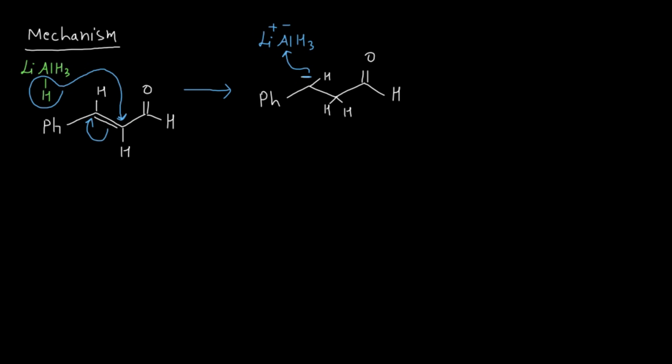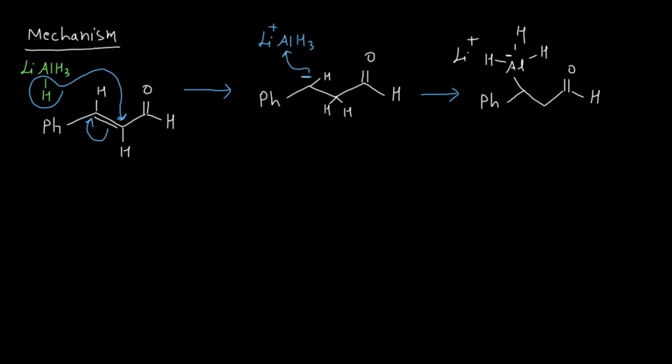Sorry, I made a mistake. This negative is not there because I have already put this negative here. This will remain as such. So this negative will attack onto this aluminium, connected with the aluminium, and that aluminium has 1, 2 and 3 hydrogens. Of course your lithium would also be there as a positive species, and this negative is over there.